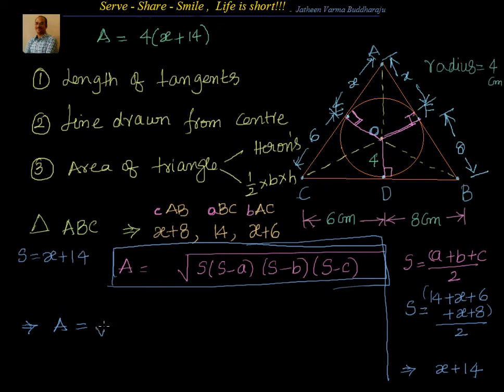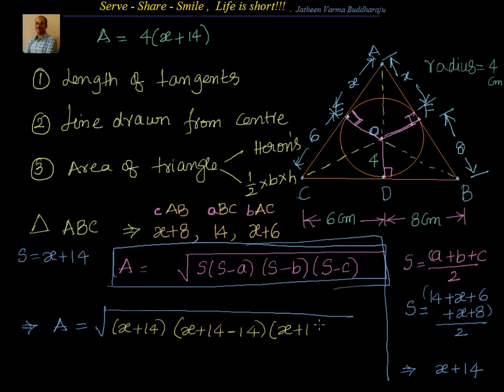So let's use the formula now. Area equal to square root of s, which is x plus 14. Multiply that with s minus a, that is x plus 14 minus a, which is nothing but 14, and s minus b, that is x plus 14 minus of x plus 6, that is minus x minus 6. Multiply that with s minus c, that is x plus 14 minus x minus 8. Let's simplify this.